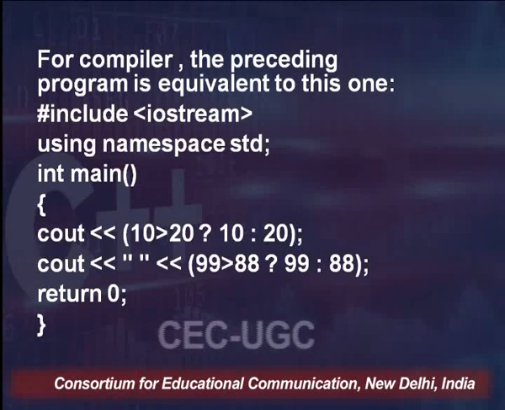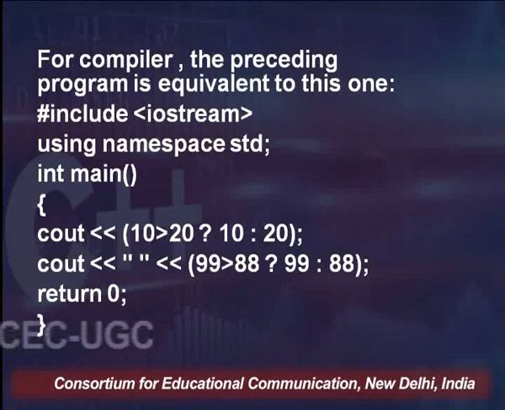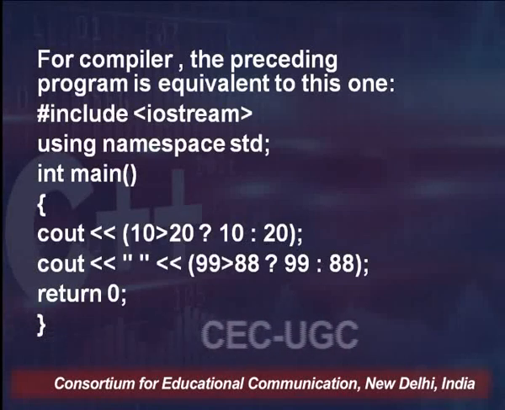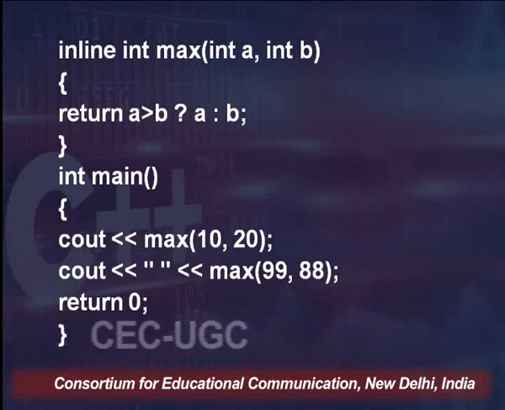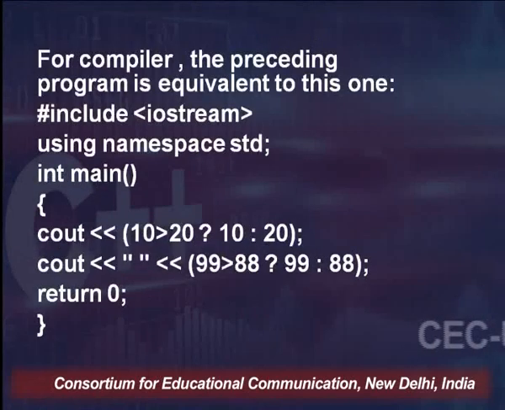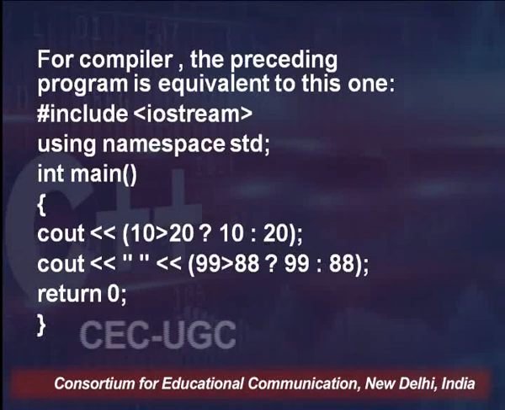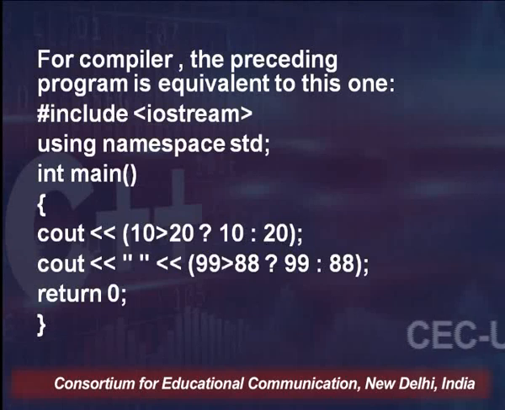So, for the compiler, the preceding program is going to be equal to this one, in which, if you can notice here, in place of the call we have cout, and the definition of max is that you need to return A if A is greater than B, else B has to be written. So, that whole definition along with the parameter passing will be placed here rather than the function being called explicitly.